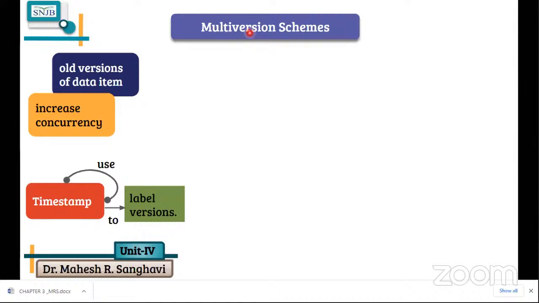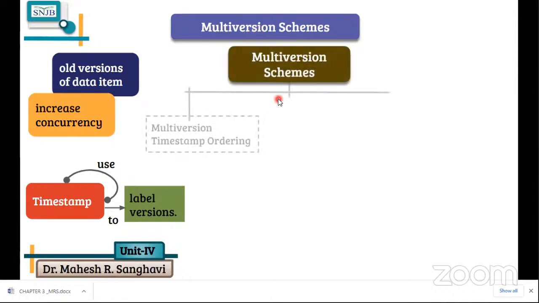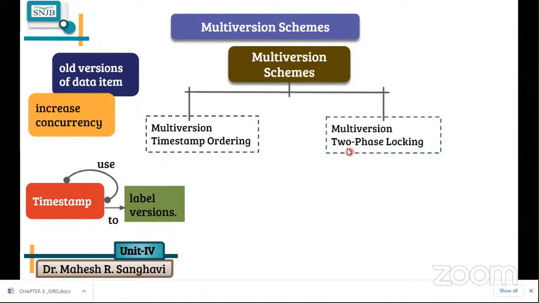By combining 2 or more schemes, we may get the advantage of all, and we can identify the issues that were there with the older one. The multi-version schemes are multi-version timestamp ordering as well as multi-version 2-phase locking protocol.